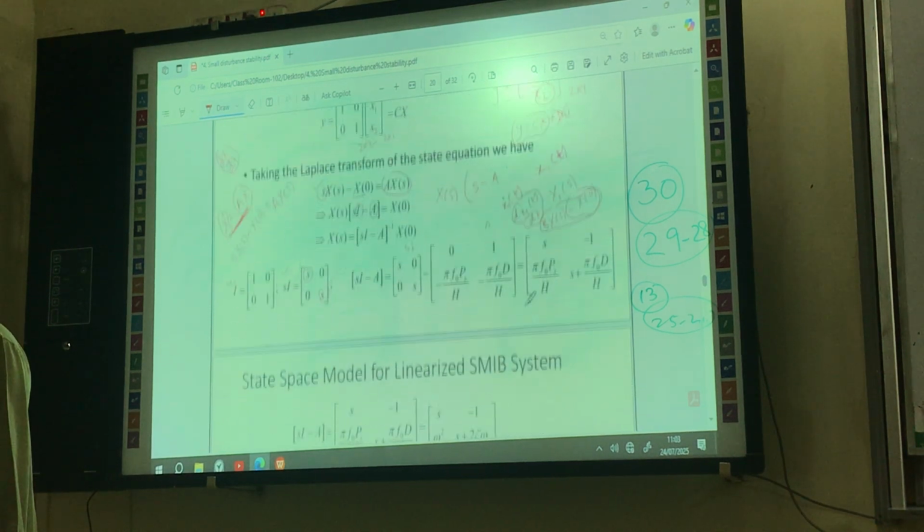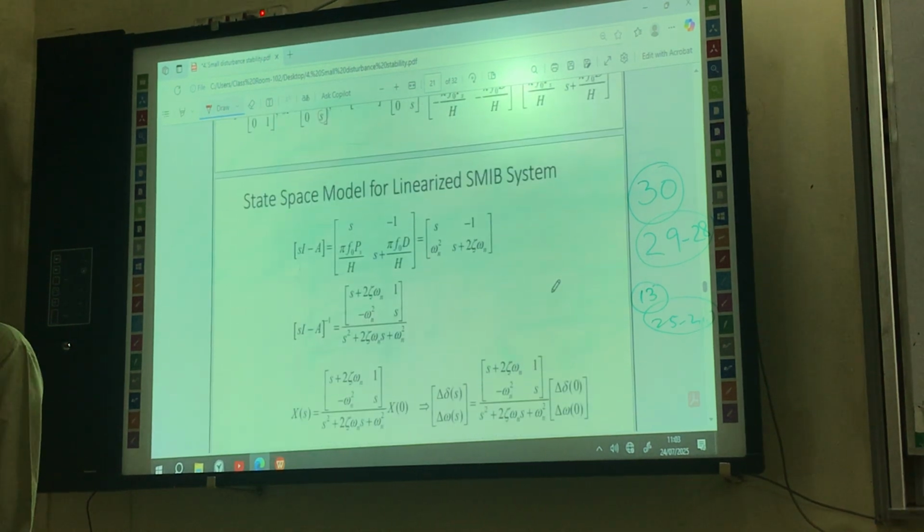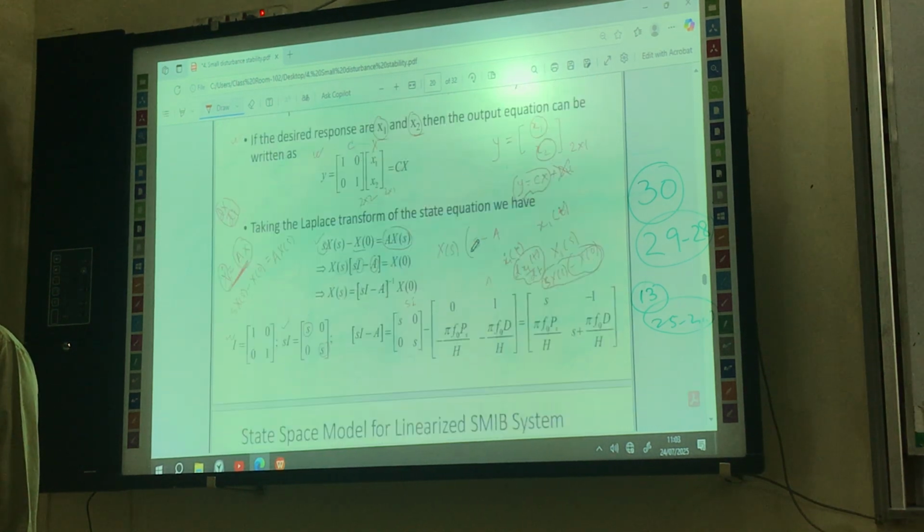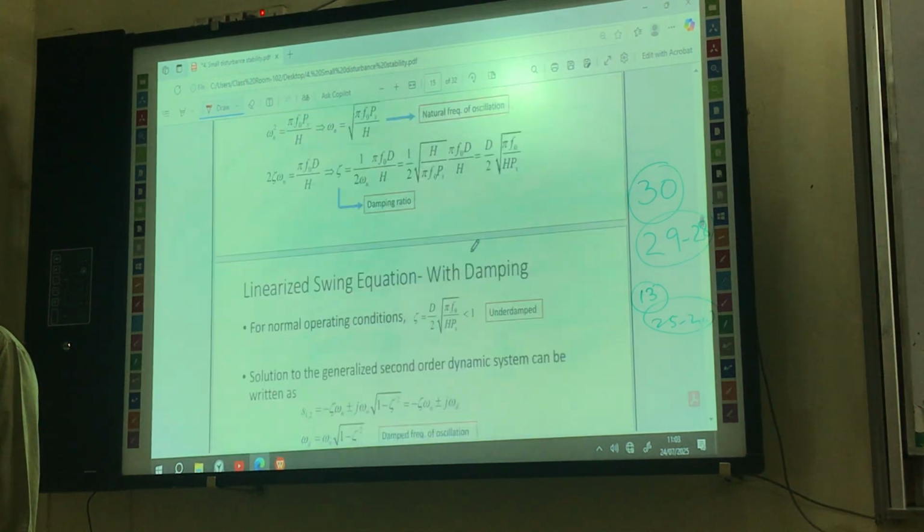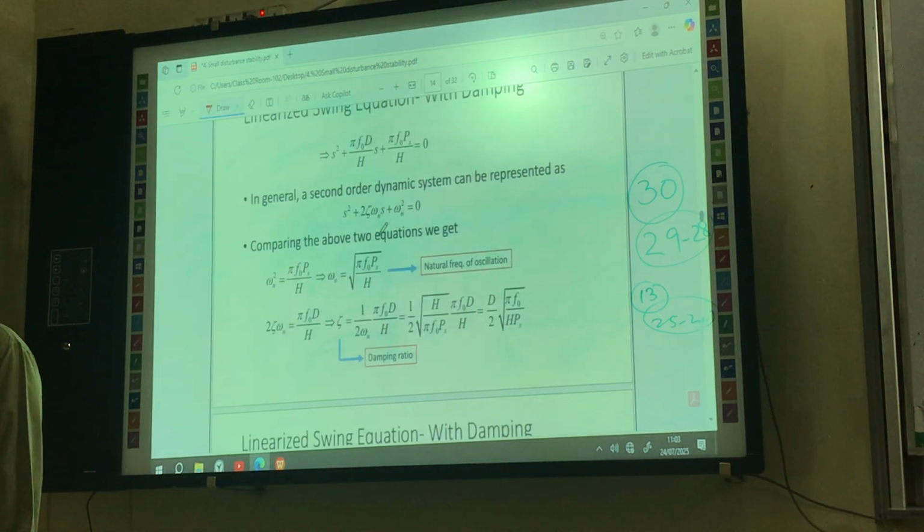So this is now sI minus A. Look. So this is nothing but the omega n square. How? Look. In one of our previous lectures, we actually found out the omega n square. So look, pi f naught Ds over S, right?